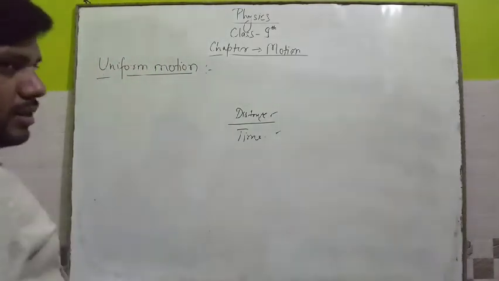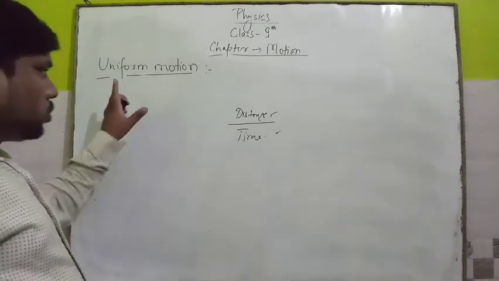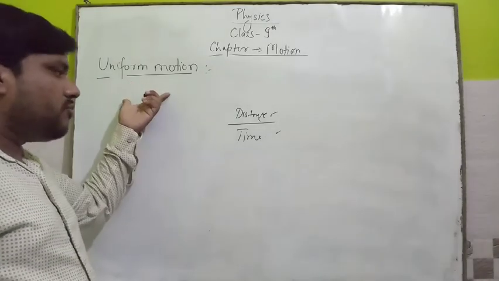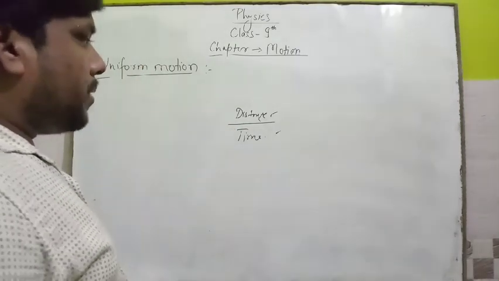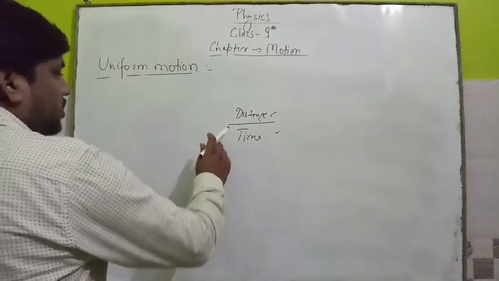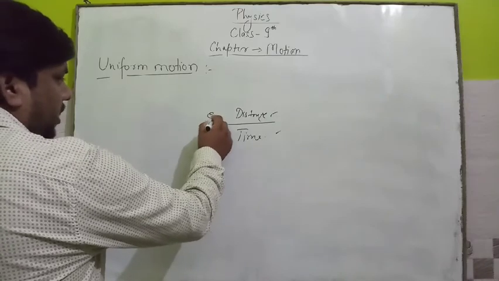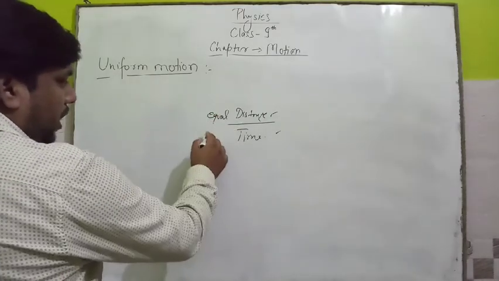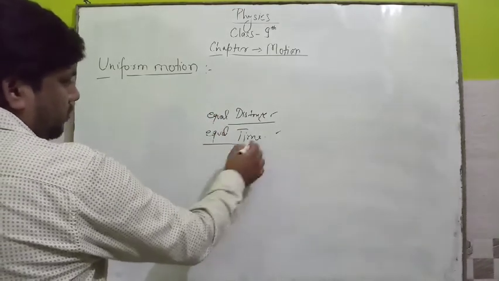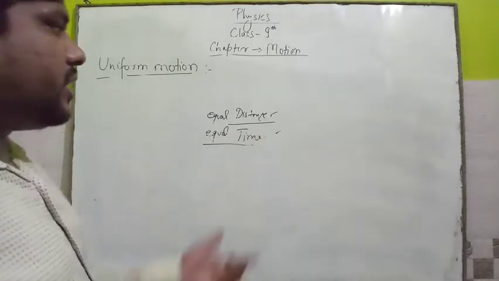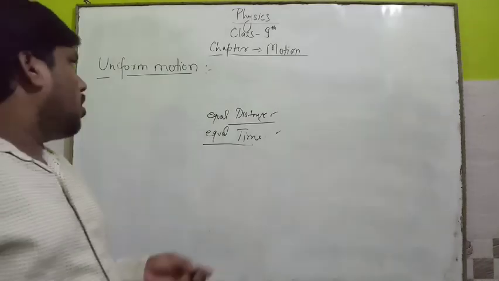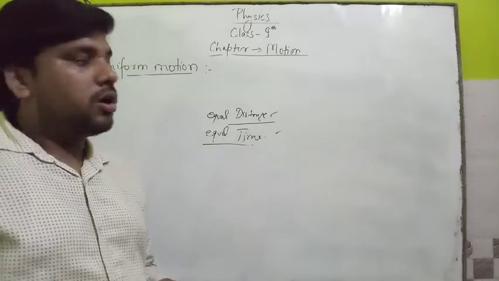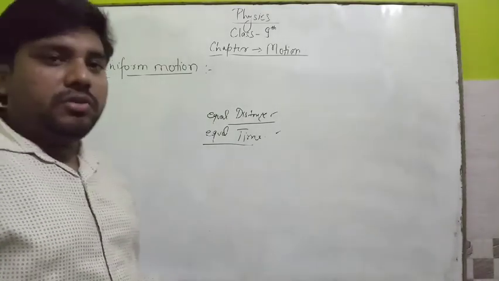Uniform is equal. So how do you define uniform motion? We can say that if a person covers equal distance in equal intervals of time, then the object is said to be in uniform motion.